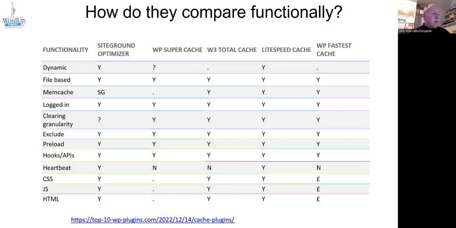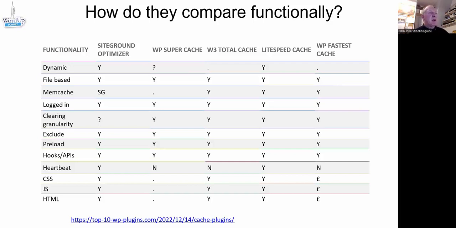But each of the plugins, including the premium ones, have this desire to satisfy quite a lot of people, and therefore they have to provide a certain level of functionality, and they all do it at different levels of capability. And this is what this table attempts to show, whether or not the plugin does actually deliver a particular functionality.